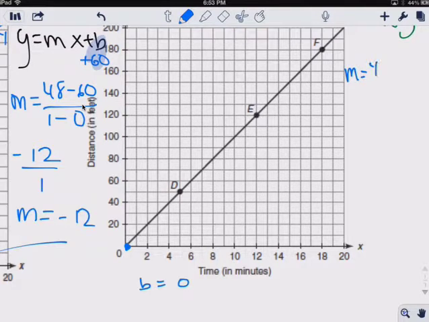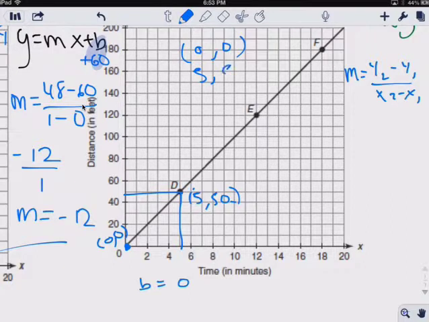Remember, slope is y2 minus y1 over x2 minus x1. Okay, so I'm going to use 0, 0, and I'm going to use 5, 50. No, it's 10, silly.